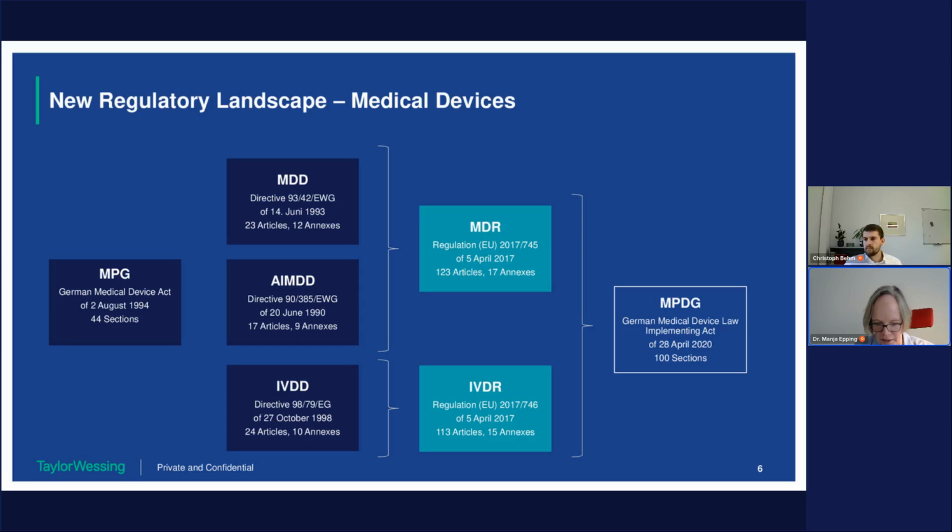And as you know, there are certain aspects that cannot be regulated on an EU level, and for these provisions, a German law was enacted, the MPDG, Medizinprodukte-Durchführungsgesetz, which not implements, but fills certain holes that were left by the EU regulations, for example, provisions on competent authorities or clinical trials that are not regulated by the regulations.